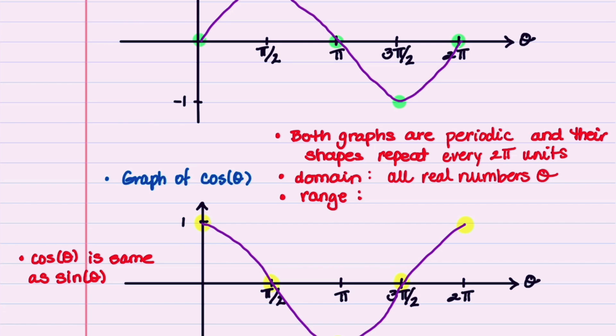We just drew part of it going from 0 to 2 pi. Our range, or we can think of this as the amplitude, is all values from -1 up to and including 1.